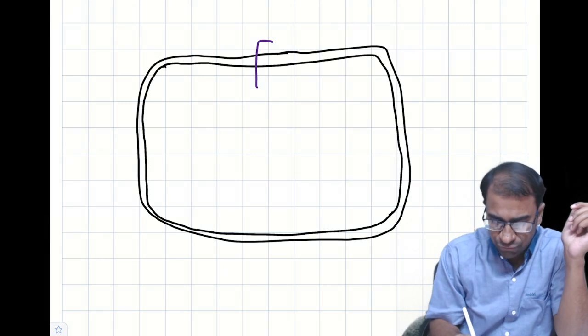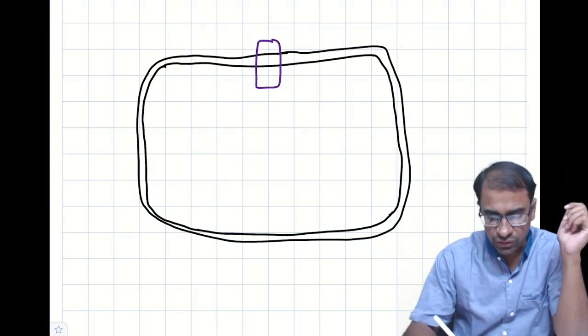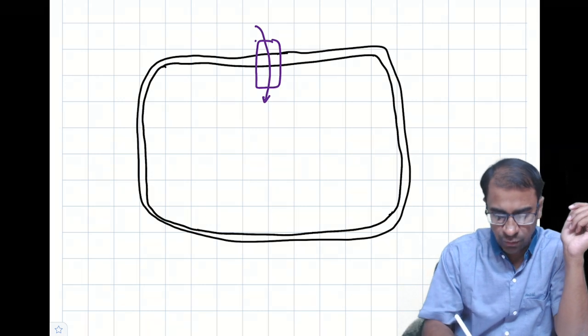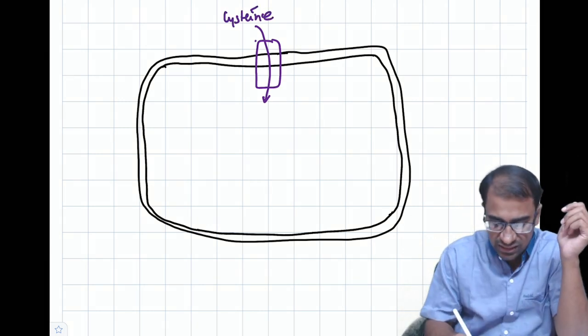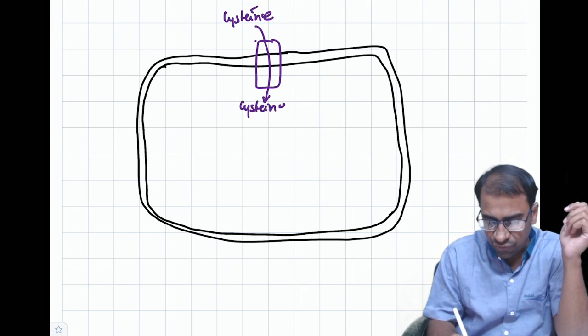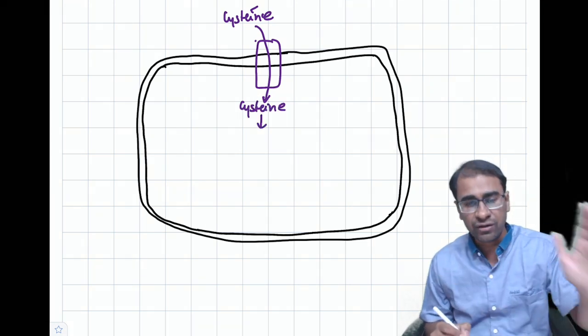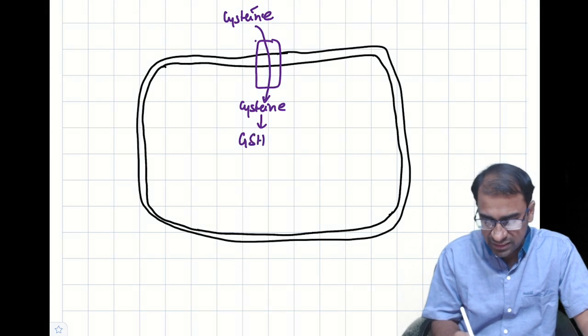This type of transporter allows the cysteine amino acid to enter inside. Why? Because cysteine, if you remember, is the one that will convert to glutathione, GSH.